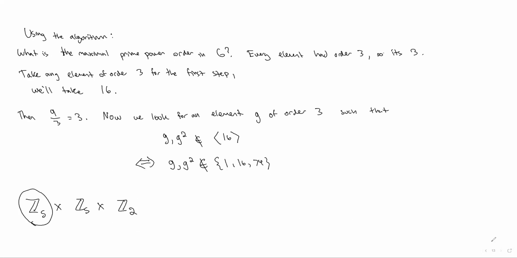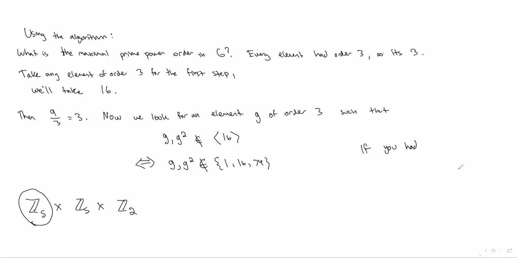It's not that useful in these examples. I didn't pick these examples to do, but it's not that useful of a step actually. You don't need to do it. You could just look for an element of maximal prime power order whose smaller powers don't belong in your subgroup. This could just narrow your search down a bit.